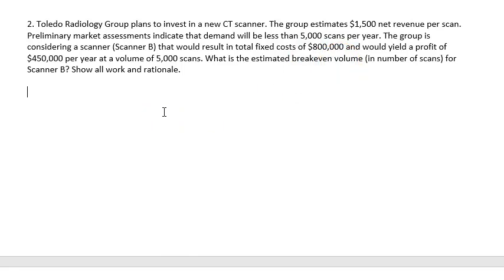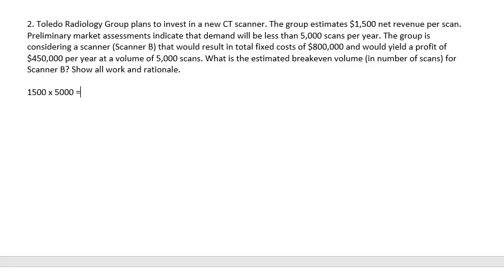All right, so the first thing we want to do is set up our basic profit equation. And what we need to know is what's total revenue. That's simply how much we're charging per scan, so that's 1,500 times 5,000 scans.